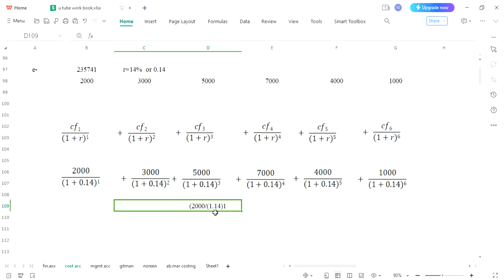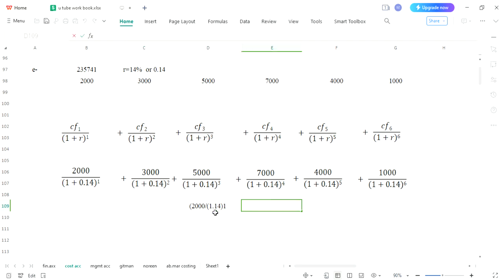Just need to change the value, and here raised to power is needed to make as superscript. Let's get back and use this tool to make it raised to power. Superscript we are using. So in this way, first value we have calculated.